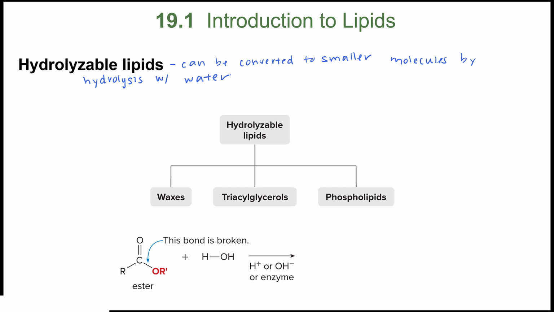So it broke them into smaller molecules, and there's different categories of lipids that can be hydrolyzed. One of them is different types of waxes. We have triacylglycerols and phospholipids. So if you remember this ester, we break this bond after the addition of water, and we'll get a carboxylic acid plus the alcohol.